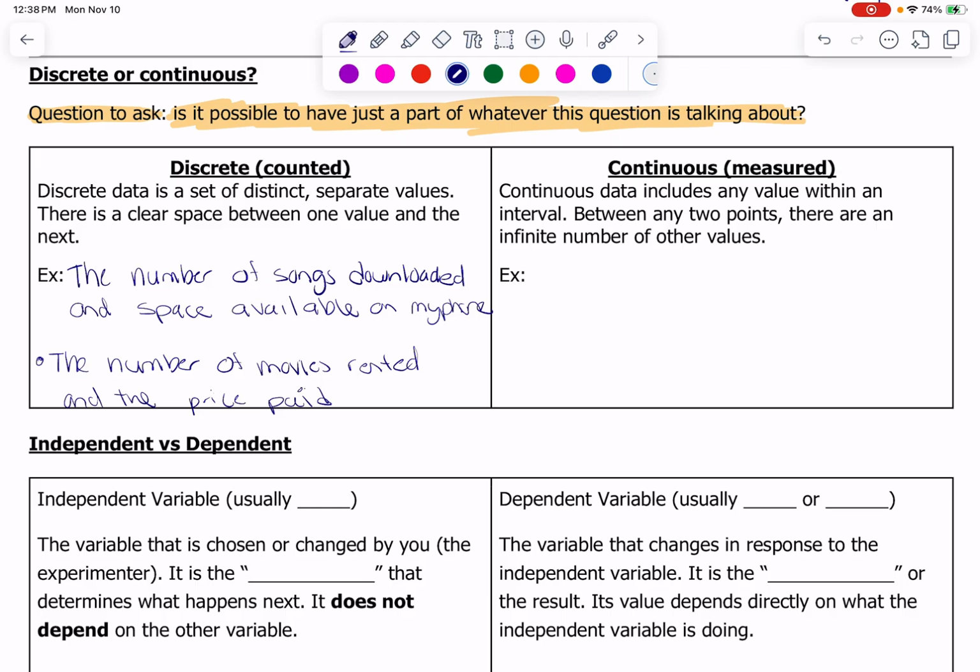Okay, continuous data includes any value within the interval between any 2 points. There is an infinite number of other spaces. So for example, if I look at the time and the temperature of my drink.